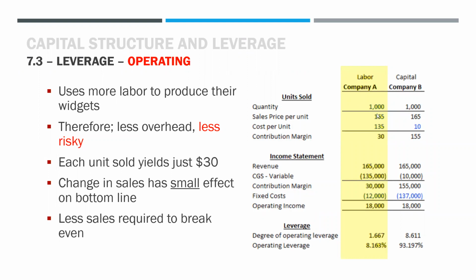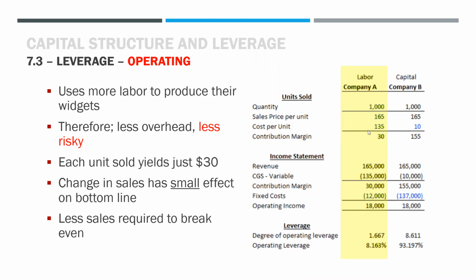So if we look at two companies, one that focuses more on labor, one that focuses more on use of capital, they can have almost exactly the same results of operations as these two companies do, producing the same number of units, selling the same number, selling the units for the same price.